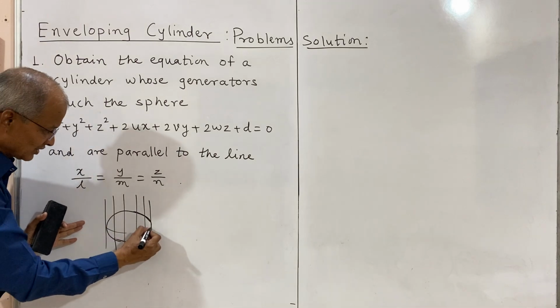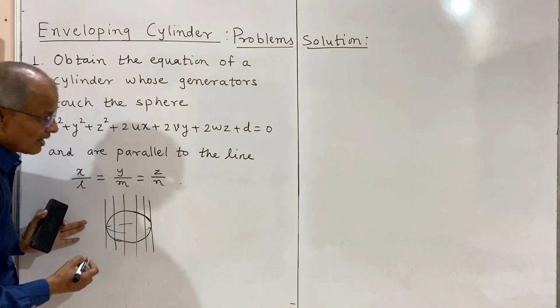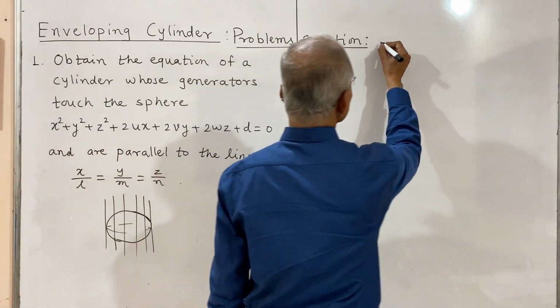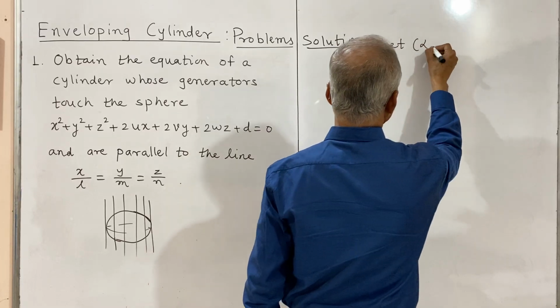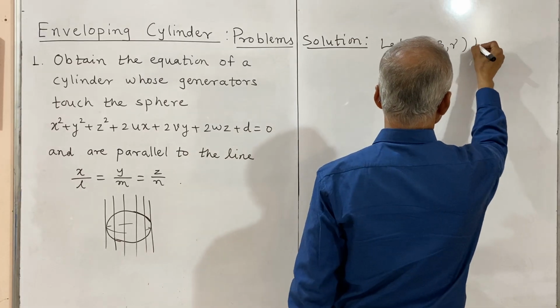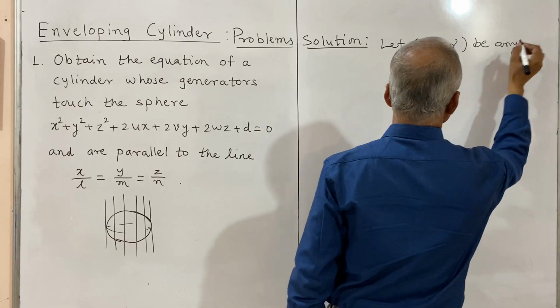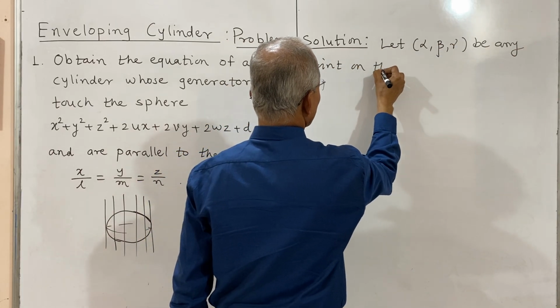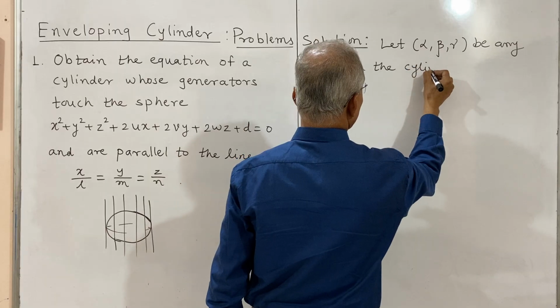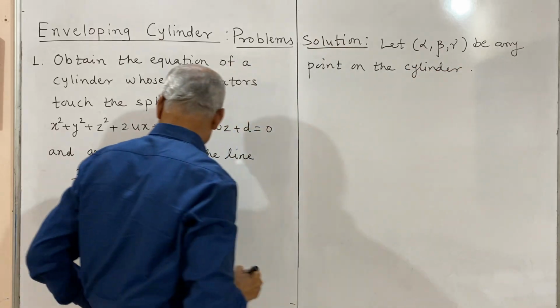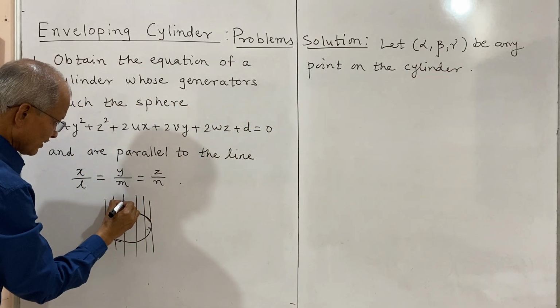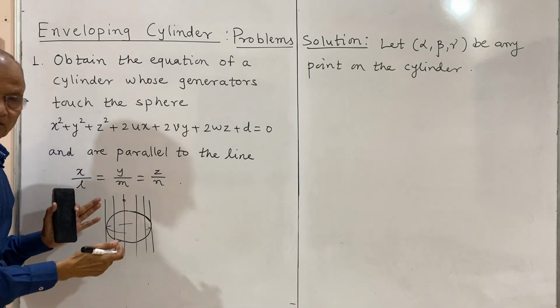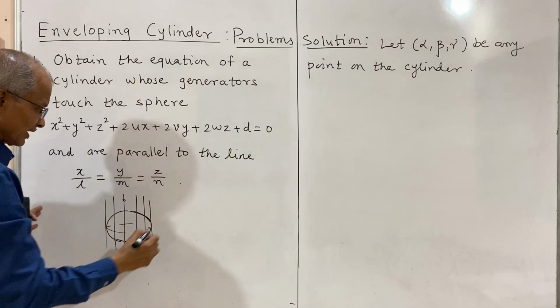This you have to imagine, this is a sphere, and let alpha, beta, gamma be any point on the cylinder. That means we have considered this point on the surface of the cylinder, and that point is alpha, beta, gamma.